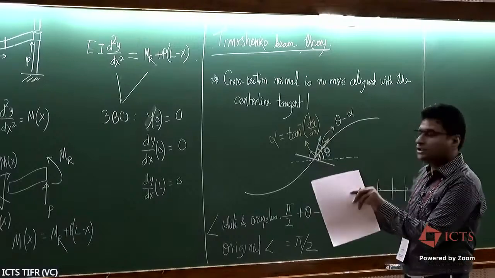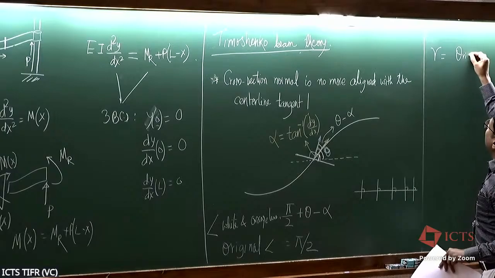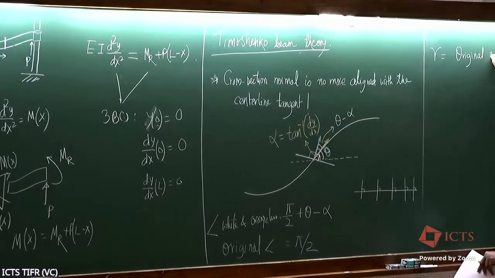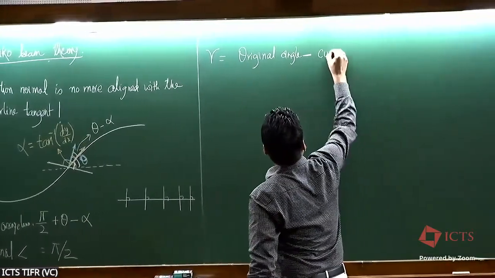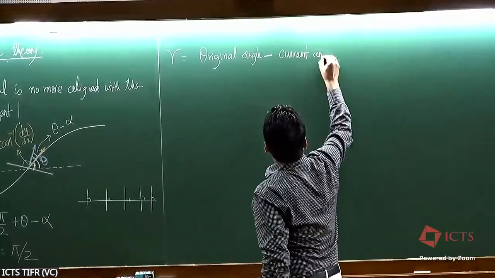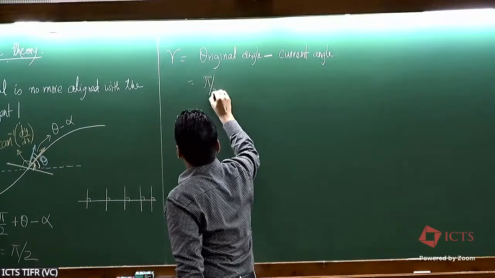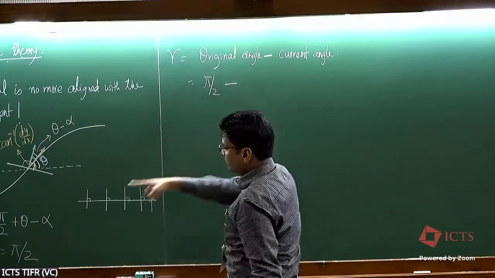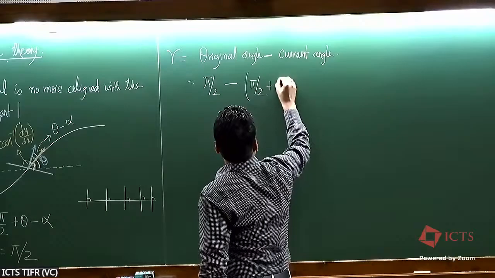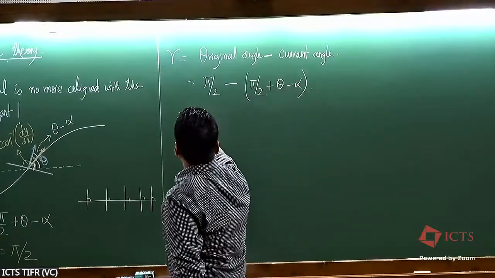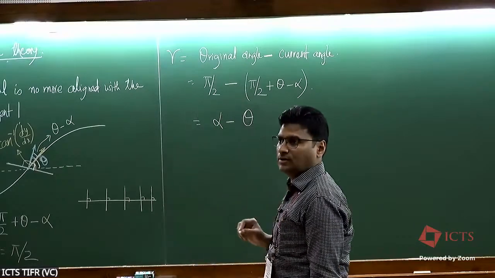So shear is defined as gamma: the original angle, pi by 2, minus the current angle. So your shear is simply alpha minus theta. That's the shear.